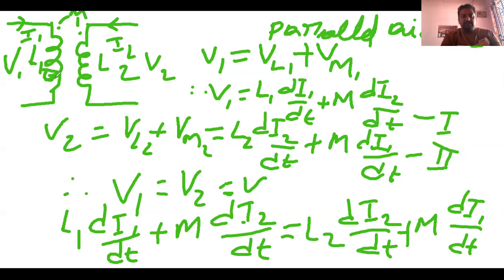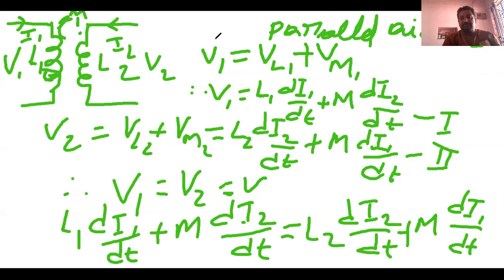This coil contains the self-inductance L1, this coil contains the self-inductance L2, and these two coils have the mutual inductance M. This is the voltage across the coil V1, voltage across the other coil V2, and this is the current flowing through coil 1, I1, and this is the current through coil 2, I2.